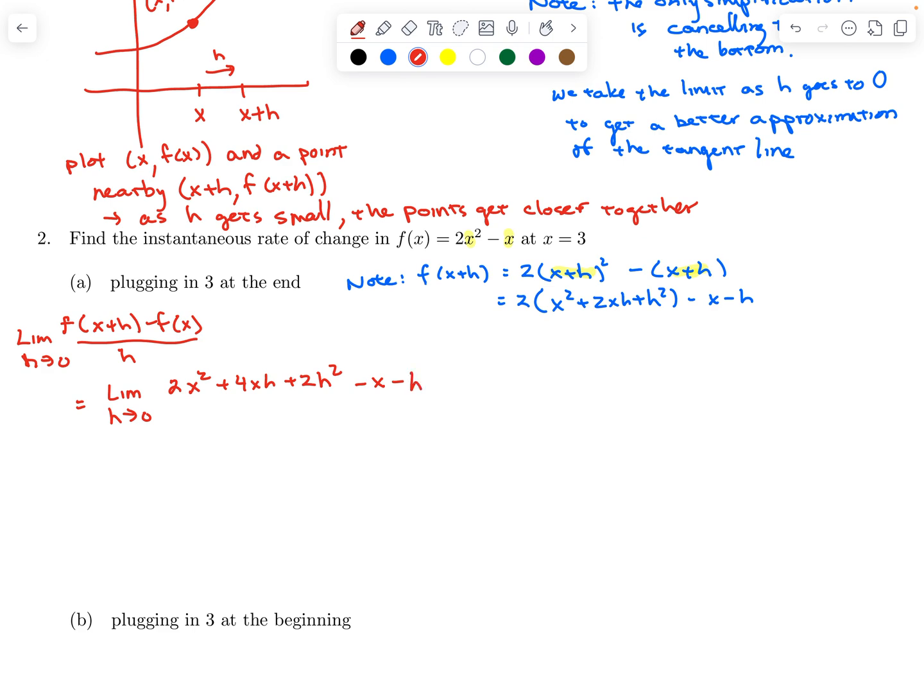Now be careful, because all of that is just f of x plus h. So I would suggest, even though it's not necessary, extra parentheses so you can visually distinguish f of x plus h and f of x.